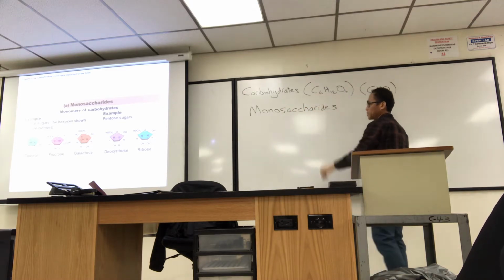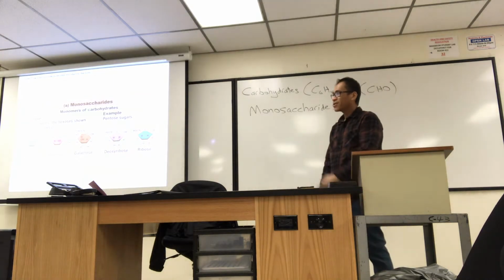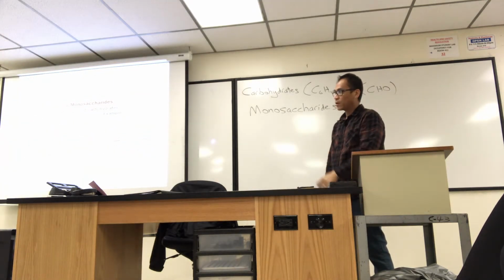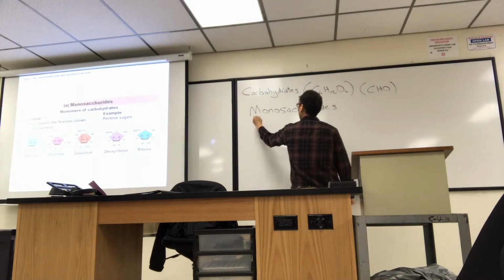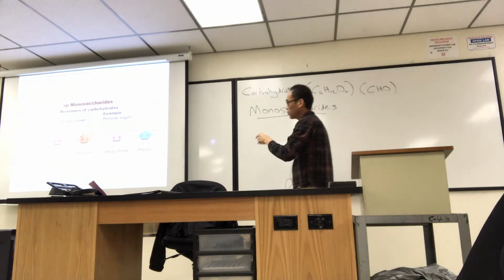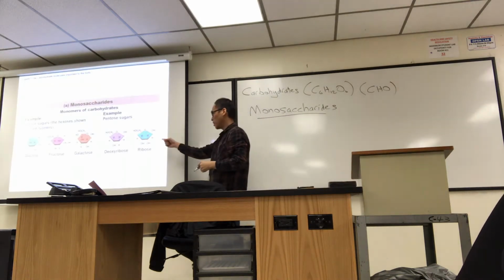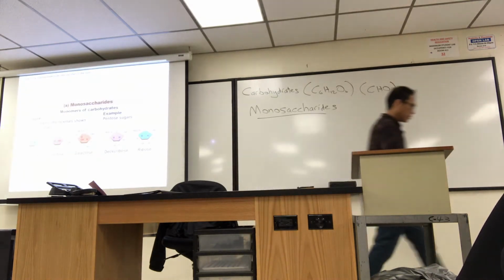The monosaccharides include, let's look at the three on the left: glucose, fructose, galactose. Okay, we'll do those three. I'll talk about the other two, these pentose sugars, when I talk about DNA. I'm going to turn my mic down a little bit.